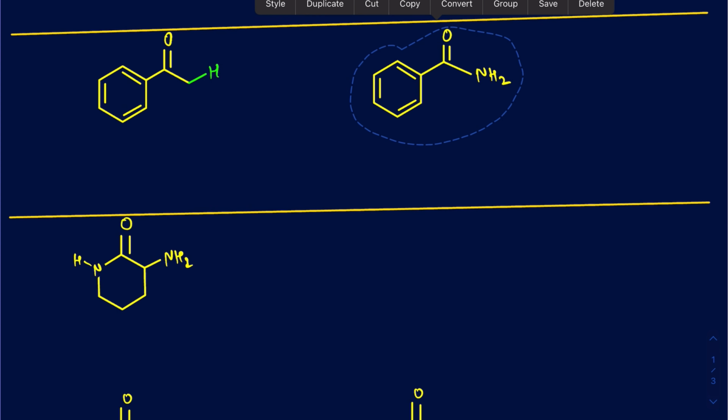So this actually has three protons. I'm not going to draw all three of them. I'm only going to draw one of them so that it doesn't look too crowded. That's the proton we're comparing with the proton that we have on this nitrogen on the right side. Okay, so again, we want to do the same thing when you're trying to determine the relative acidity. First of all, go ahead and draw the conjugate bases.